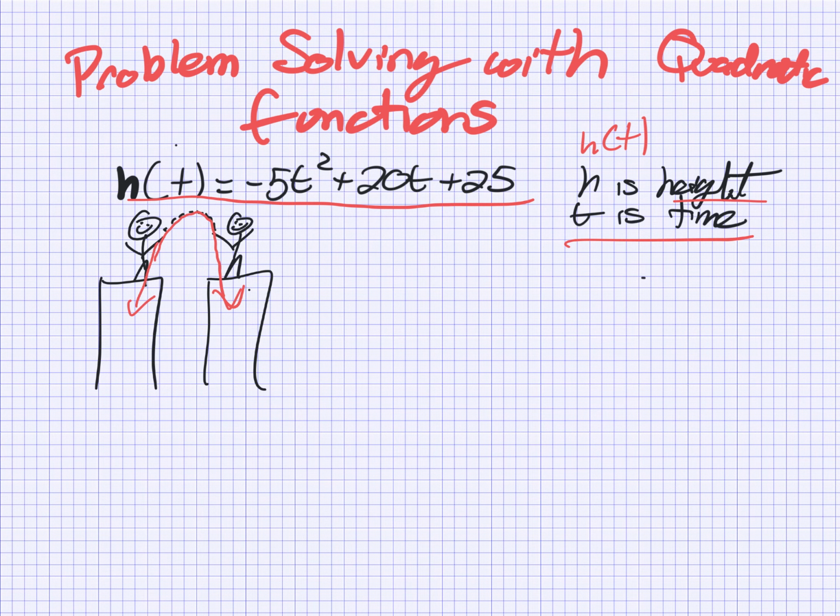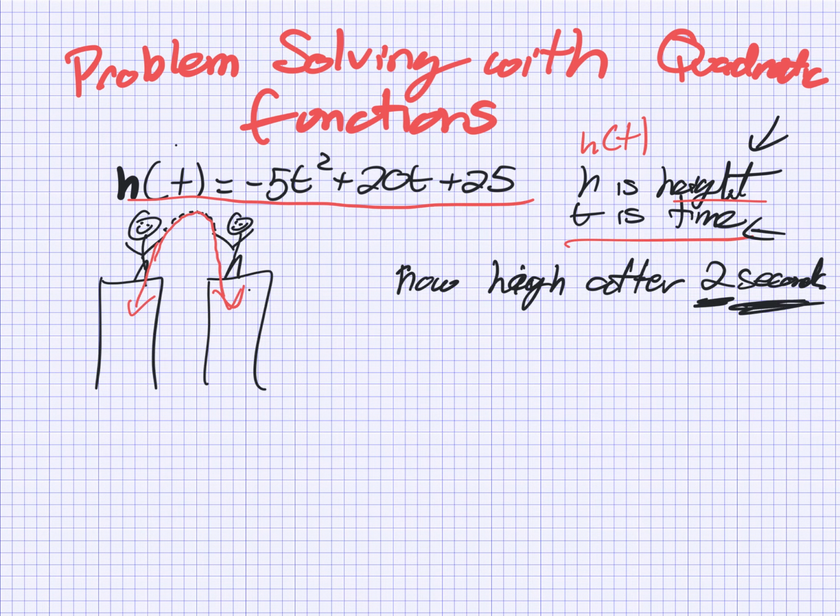The very first question asks us, hey, how high is the tool above the ground after 2 seconds? Okay, so how high after 2 seconds? What we need to figure out is, is this value giving us a quantitative value for height or for time?